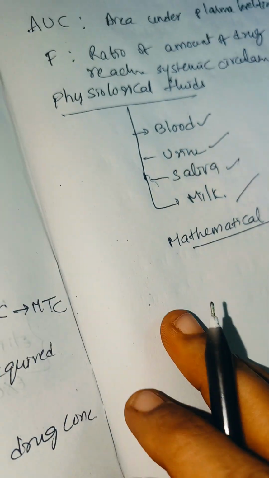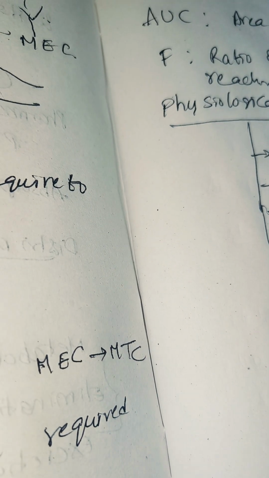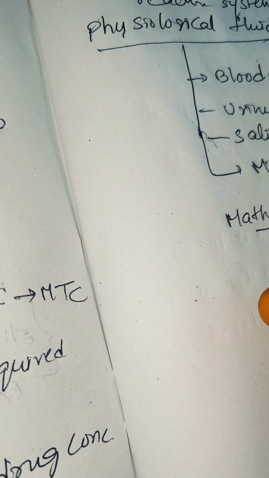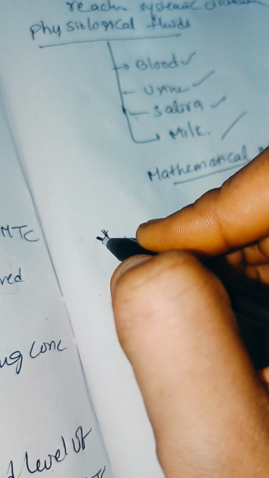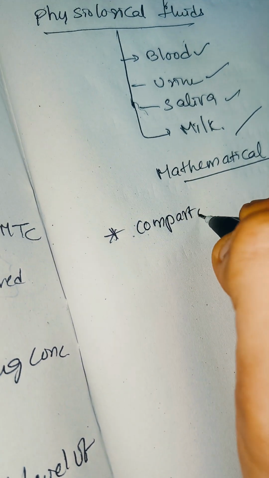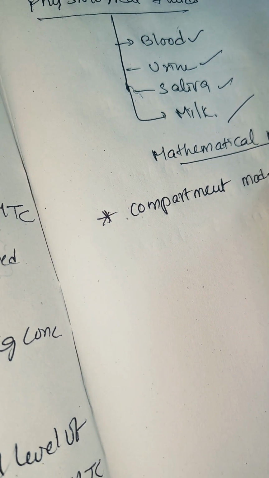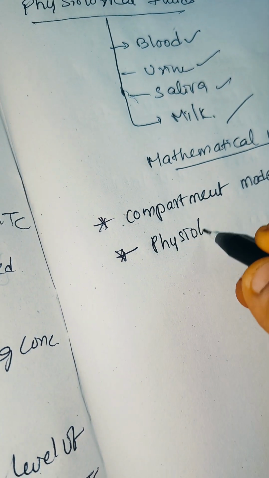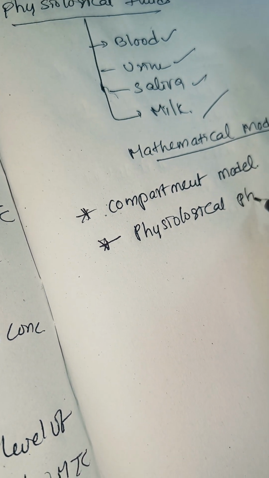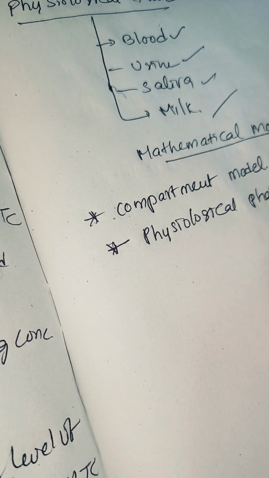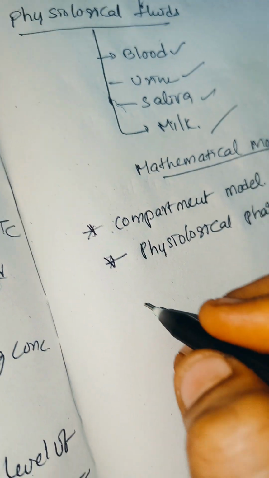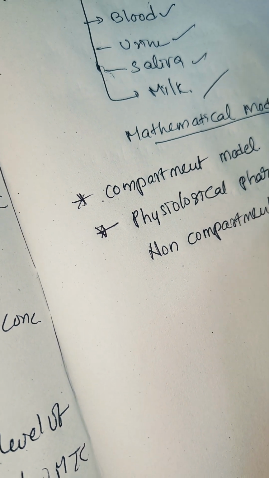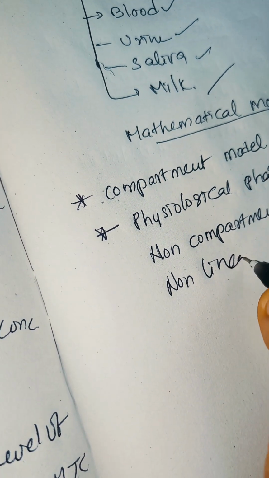We have several mathematical models. Frequently used are compartment models, physiological pharmacokinetic models, then non-compartment models, and then non-linear pharmacokinetics.